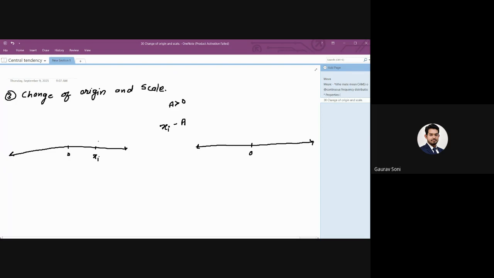The point which was at a will become the origin now, and the origin will go to minus a. Am I right? So the whole axis is shifted. The origin gets shifted when you subtract a constant number. So xi minus a, when you subtract a constant number from each and every observation, is called the change of origin.